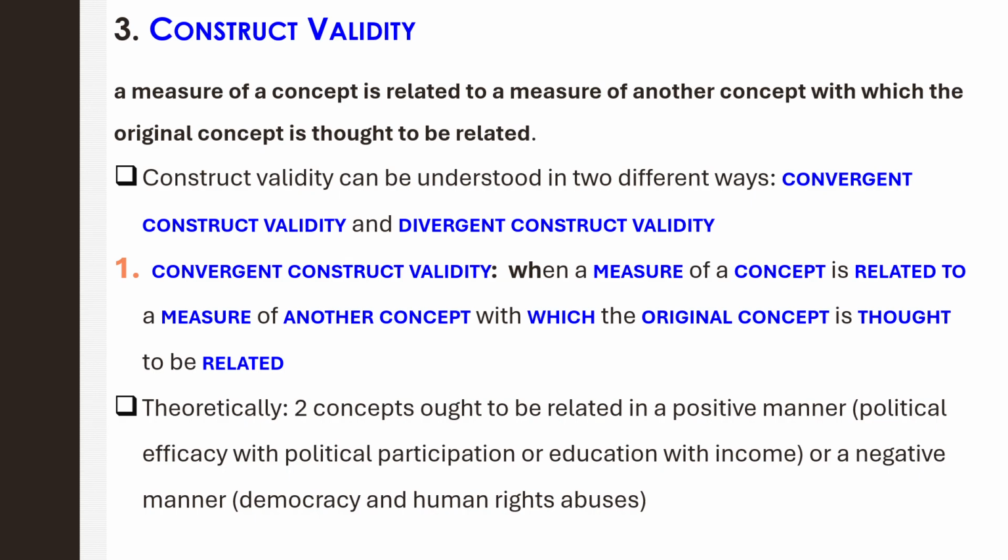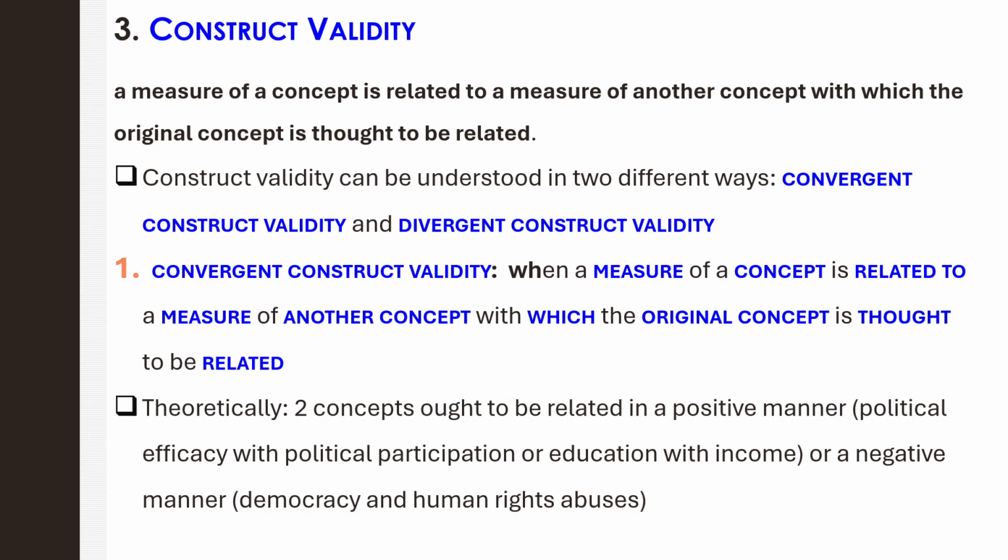So in a positive manner, political efficacy and political participation, or political participation and voting, you might find those things correlated. Education and income are also related, since a lot of inventions are made in college, so education can be a convergent construct validity element of income.